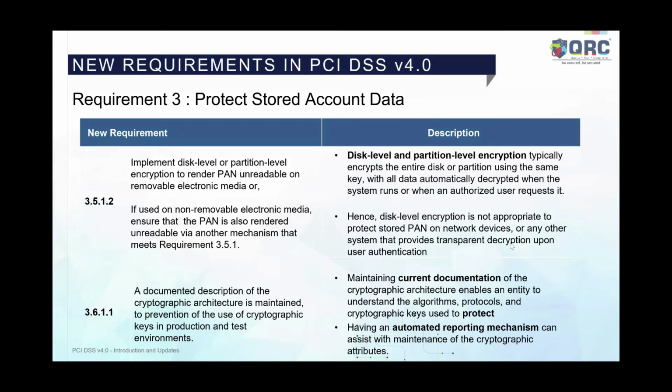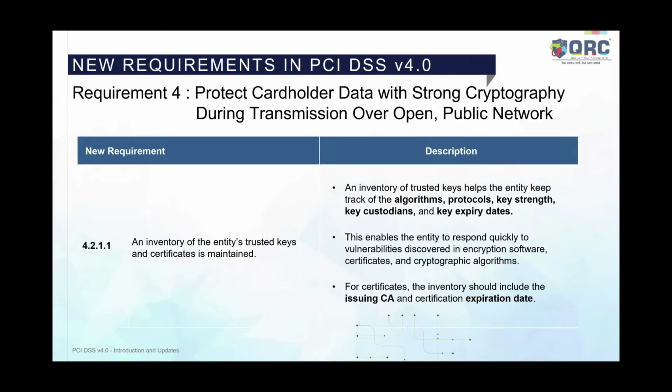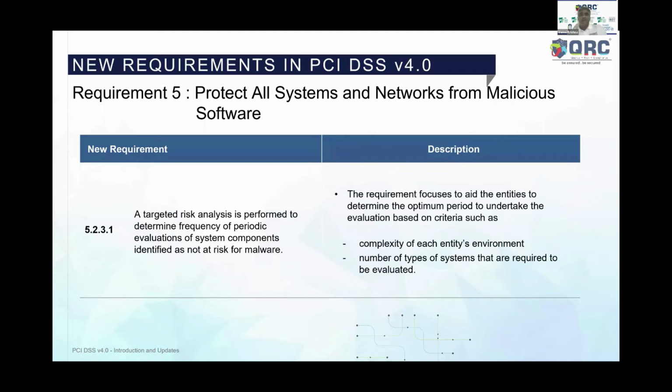Okay, let's go ahead. So inventory of the things, yes, and now if you look at the fifth requirement, the change. Okay, there is another question: what do untrusted networks mean, as per the fourth requirement?